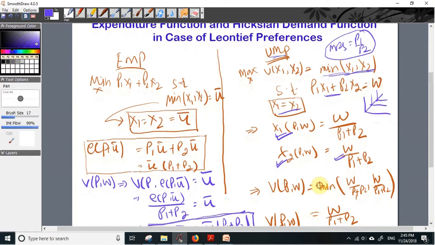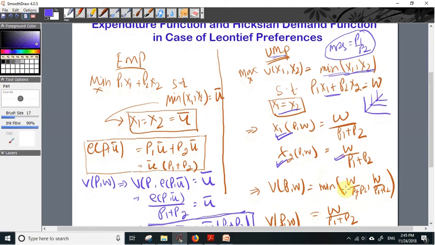And the indirect utility function in this case is simply, we substitute this in the utility function: v(p,w) equals min{w over p1 plus p2, w over p1 plus p2}.